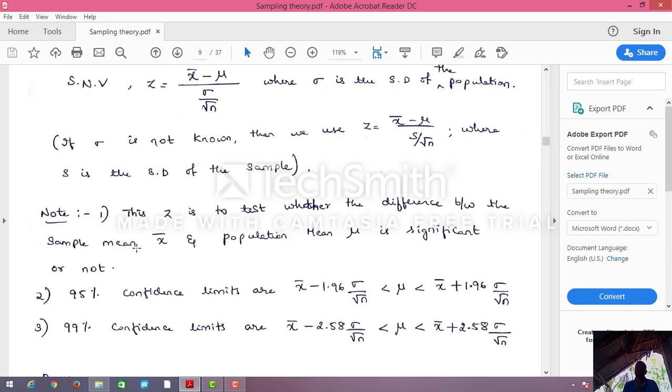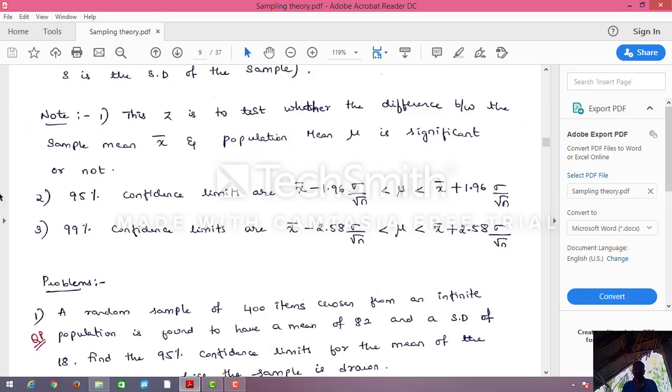Note that this z is to test whether the difference between the sample mean x bar and the population mean mu is significant or not. For 95% confidence limits: x bar minus 1.96 into sigma divided by root n less than mu less than x bar plus 1.96 into sigma divided by root n.